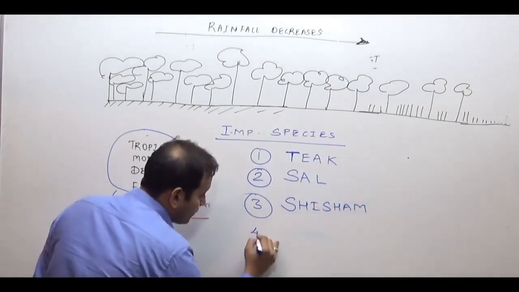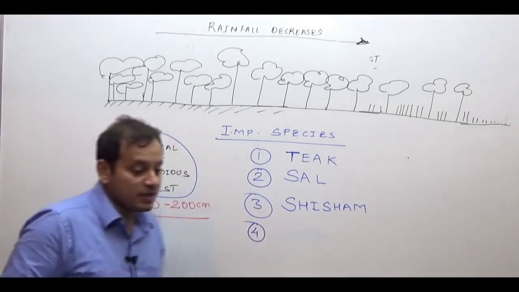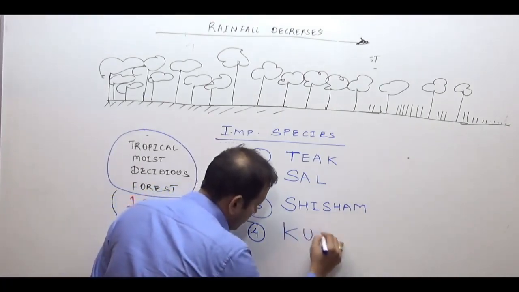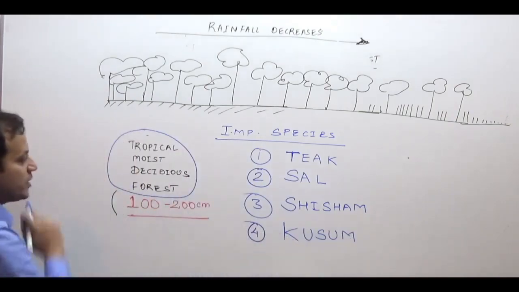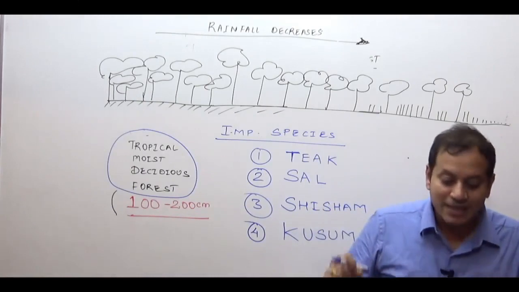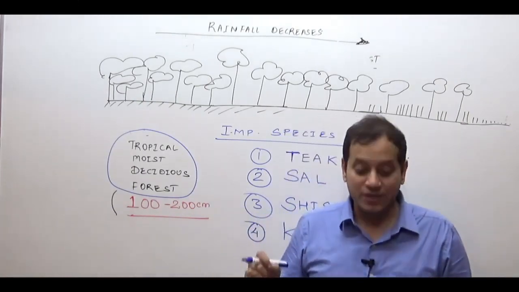Fourth important species which is found in this region is kusum. Teakwood, sal, shisham, kusum are the species of the moist deciduous forest.